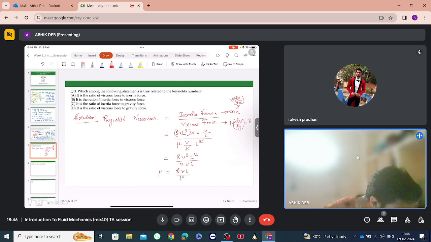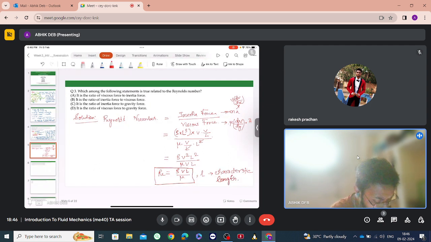So this is basically the expression for the Reynolds number, rho v L by mu. L is any characteristic length. For different bodies there will be different values of this characteristic length. And the correct option here is option number B.